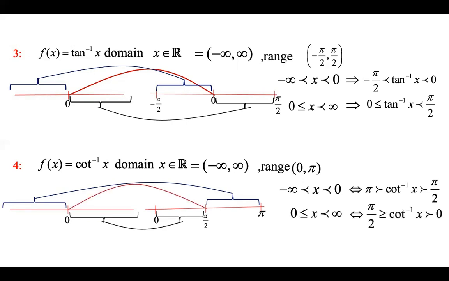So this is the behavior of cot inverse x, and middle point goes to middle point. That you remember, right? Cot inverse x behavior is like this. Just like cot inverse x has some similarity with cos inverse x, tan inverse x has some similarity with sin inverse x. Make that observation here.